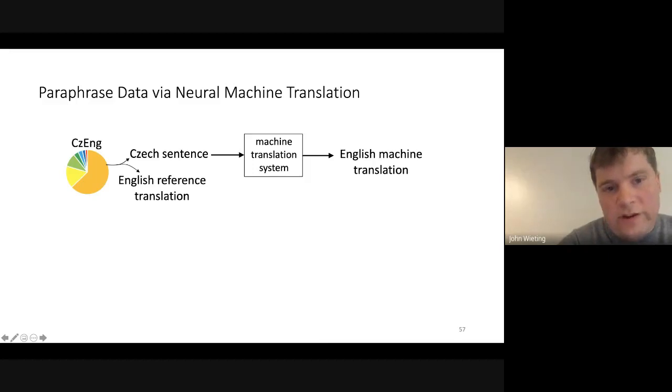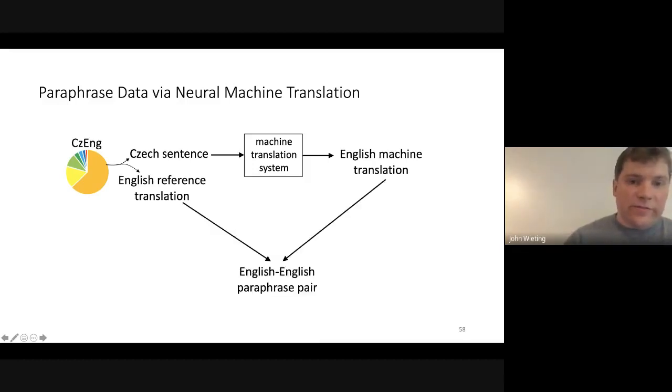Neural machine translation systems were new at the time, but they had quite impressive performance. So all we did was take the winner of WMT 16, and translate the Czech sentence into English, and then keep the English reference, and that was our English-English paraphrase pair.